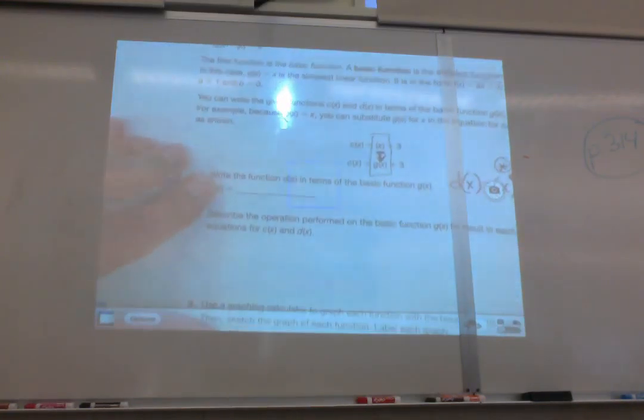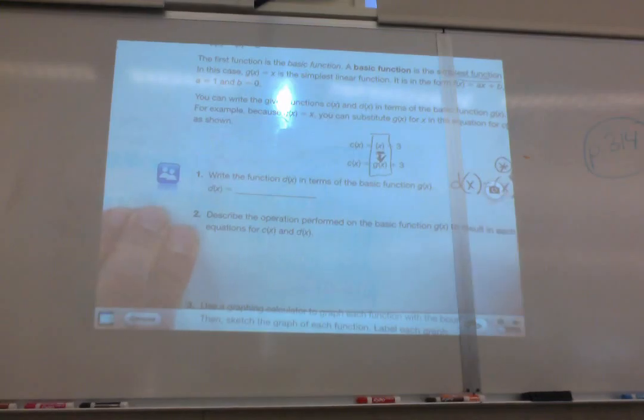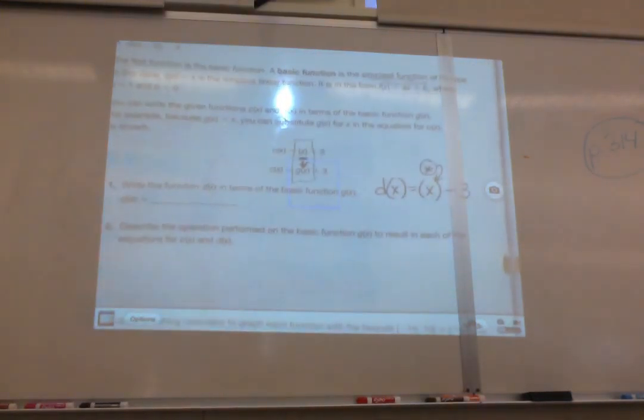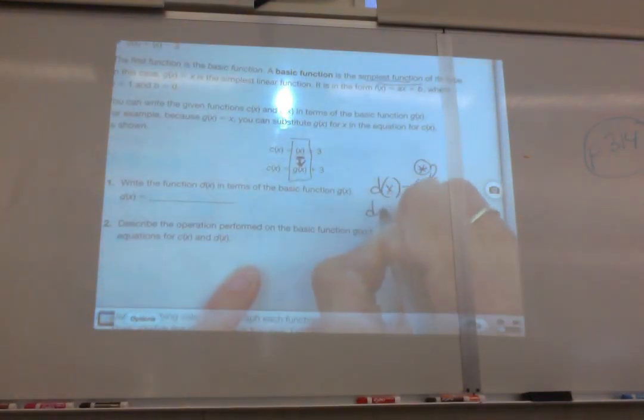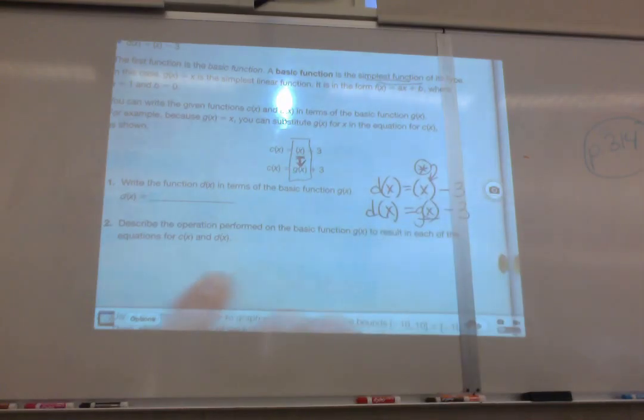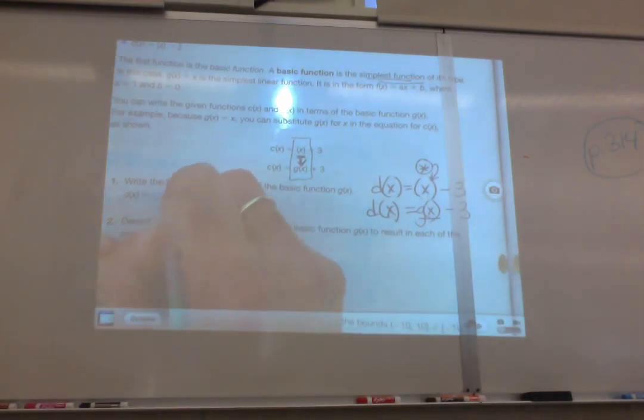So right here, instead of x, I'm going to write d of x equals something minus 3. Instead of x, I'm going to write g of x. d of x equals g of x minus 3.